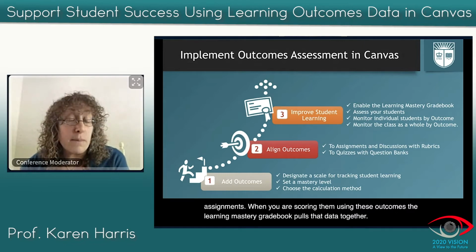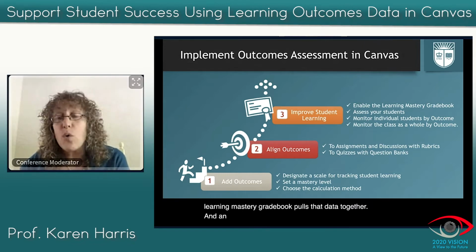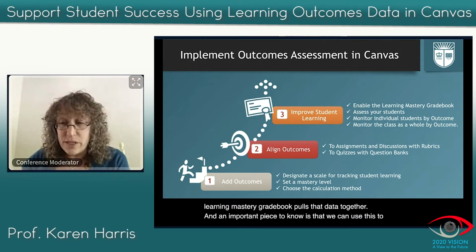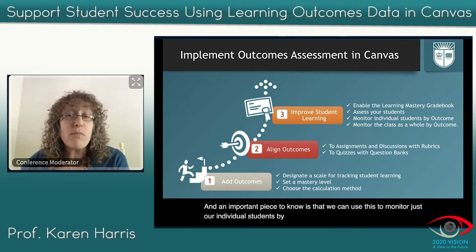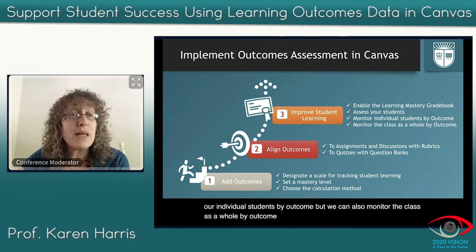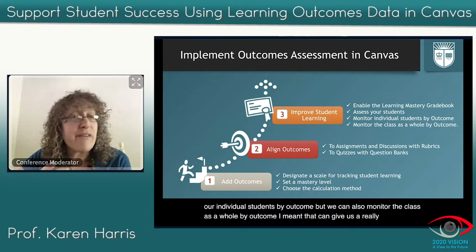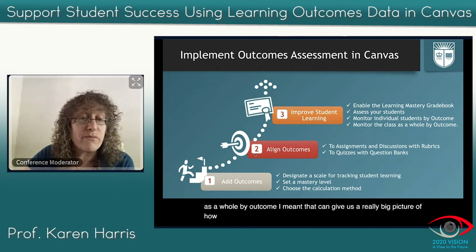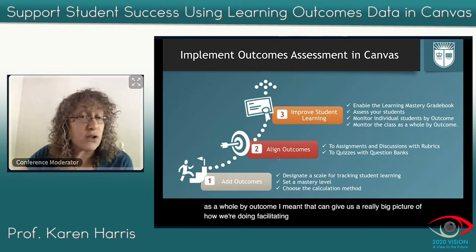And an important piece to know is that we can use this to monitor just our individual students by outcome, but we can also monitor the class as a whole by outcome. And then that can give us a really big picture of how we're doing, facilitating our students in reaching these learning outcomes.